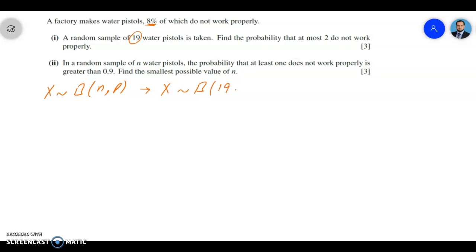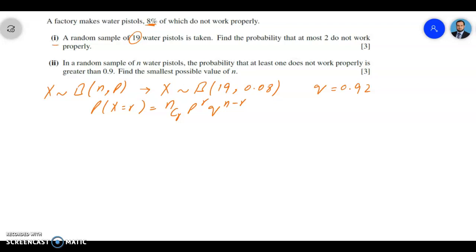The number of trials is 19 and the probability of success is 0.08, which means the probability of failure is 0.92, since probability of failure is 1 minus probability of success. Recall the formula: probability of x equal to r is nCr p to the power of r and q to the power of n minus r. That's also from binomial expansion.